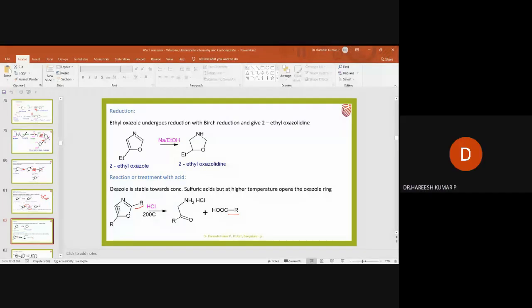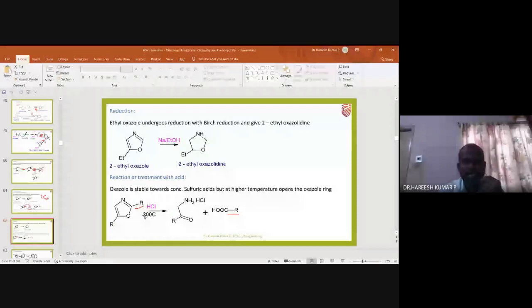on treating with mineral acids, for example, sulfuric acid or HCl, it undergoes ring opening and gives rise to carboxylic acid and amino ketones. Why beta? Is it a beta or alpha?